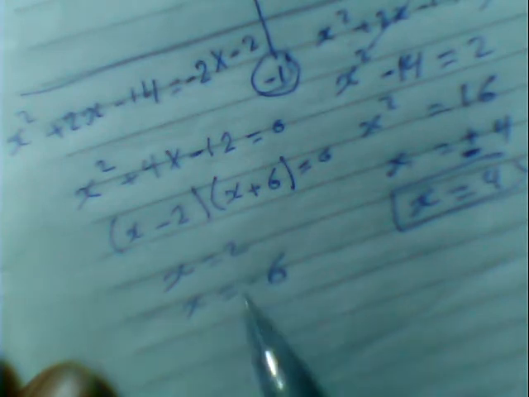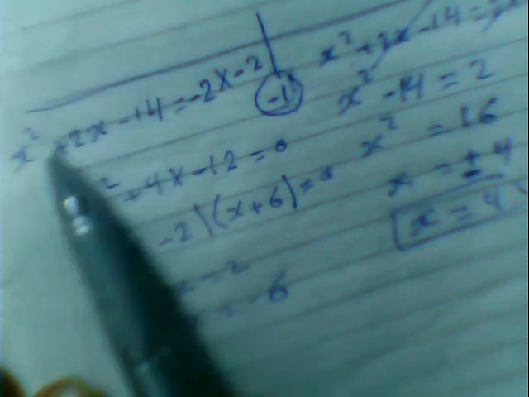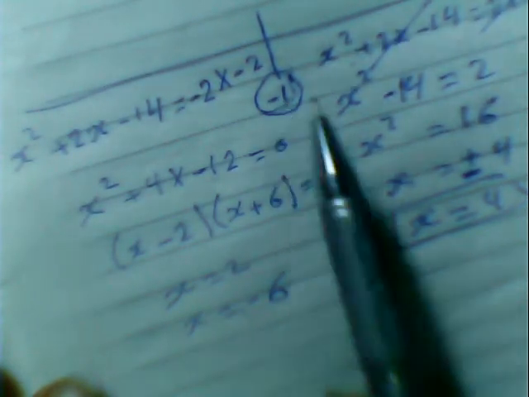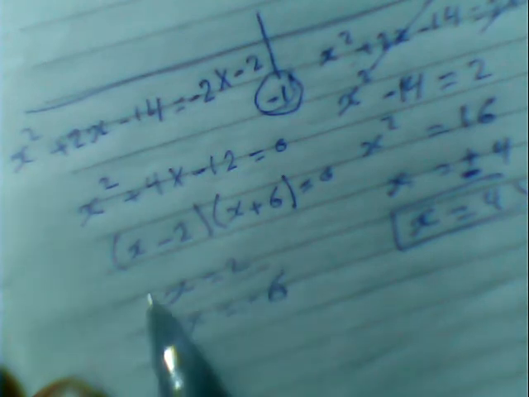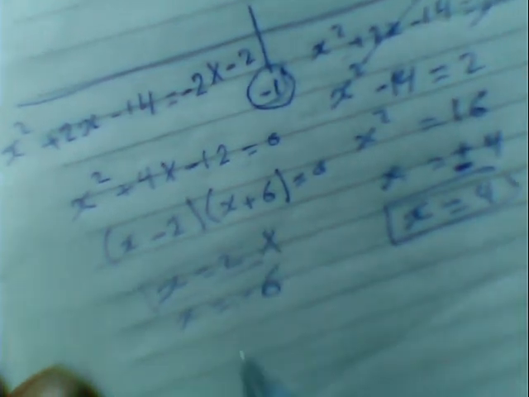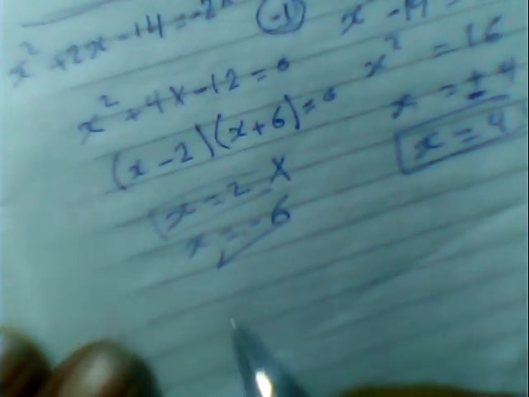Then we test which number is an element of this interval. This side is minus 1, the zero of the modulus, so 2 is refused, and x equal minus 6 is a good solution.